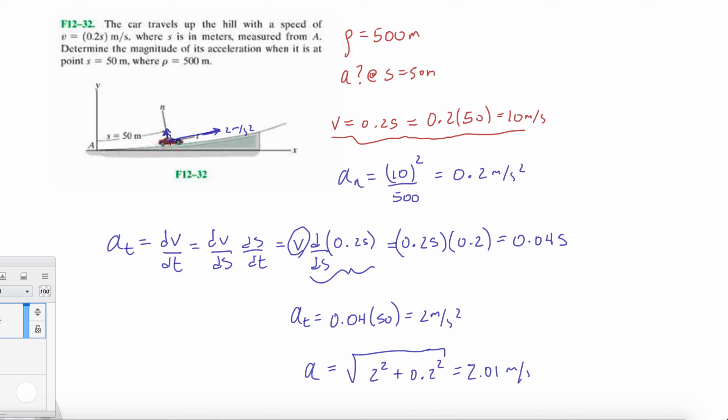Then our final vector, if you try to imagine what this looks like, is A_N plus A_T, so it's going to be something like this, and that is A. If you get into the angles and everything like that, just try to visualize it first. That way you can begin to see what that angle is, what this angle is, and so on.